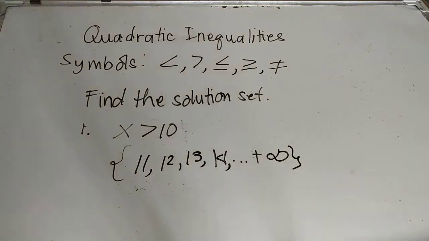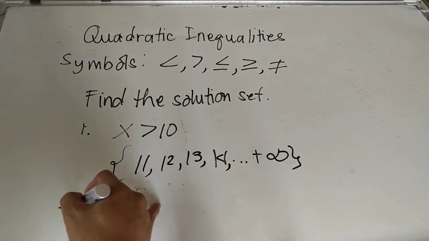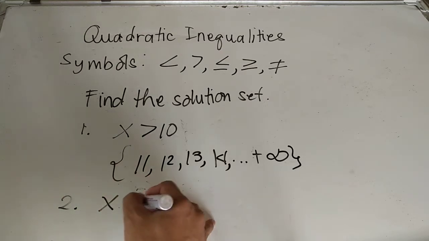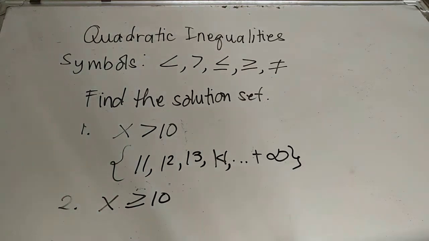But if you are given an expression like this, halimbawa, x greater than or equal to 10, ano yung mga solution set ng ganyang expression or ganyang inequality? Okay, so, not unlike with the example number 1 na x greater than 10, itong si x greater than or equal to 10, you will be starting from 10.